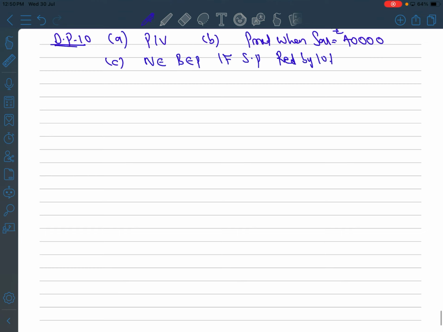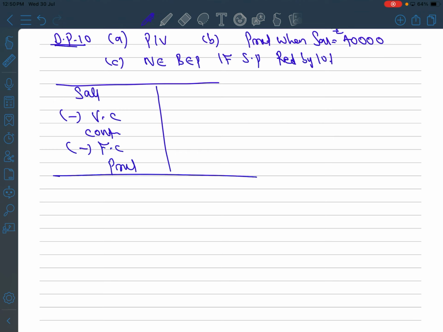As usual, first we are going to prepare a marginal cost sheet based on the given information. Sales minus variable cost is equal to contribution, minus fixed cost is equal to profit. Fixed cost is given as 8,000.